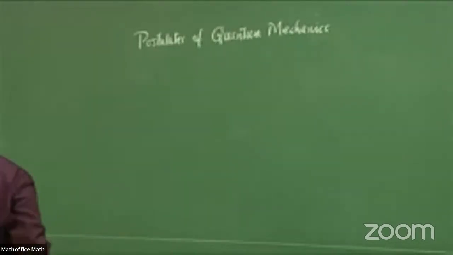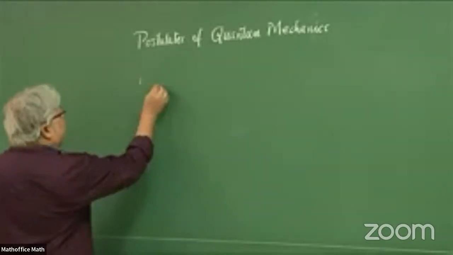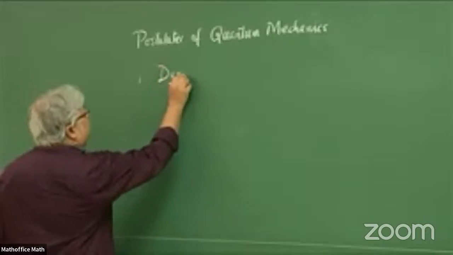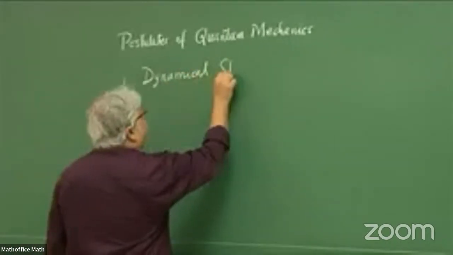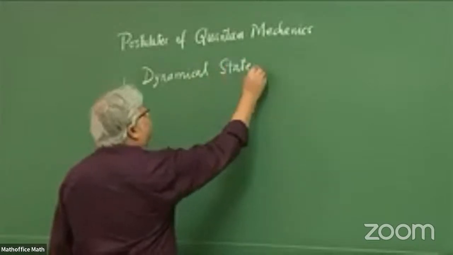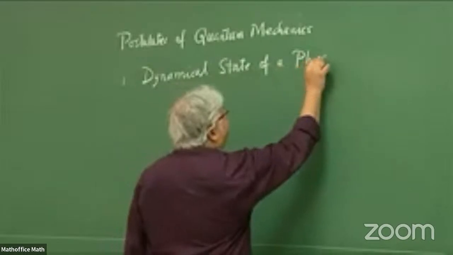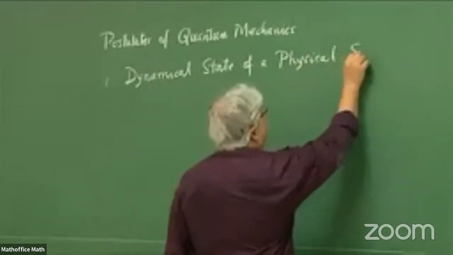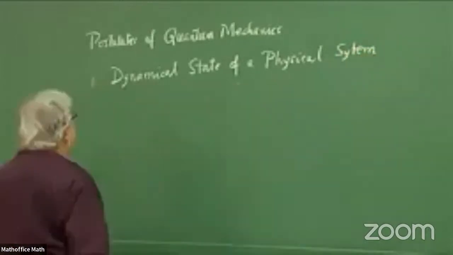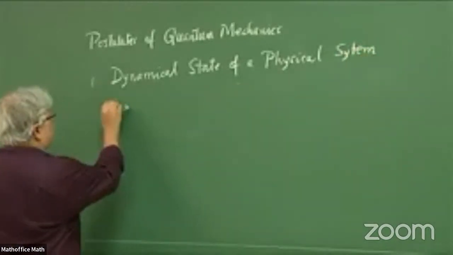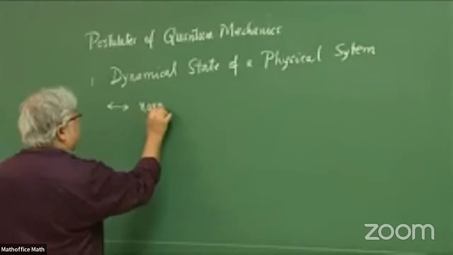Okay. So the first one we start with is to say that the dynamical state of a physical system is represented by a normalized vector in a Hilbert space.